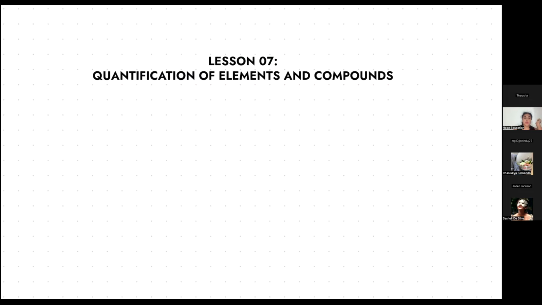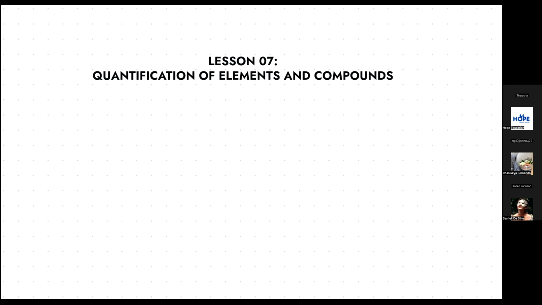We have talked about elements and compounds quite a bit in the 3rd lesson, which is structure of matter. That was actually our first chemistry lesson. We talked a bit about chemistry. It was quite a long lesson.